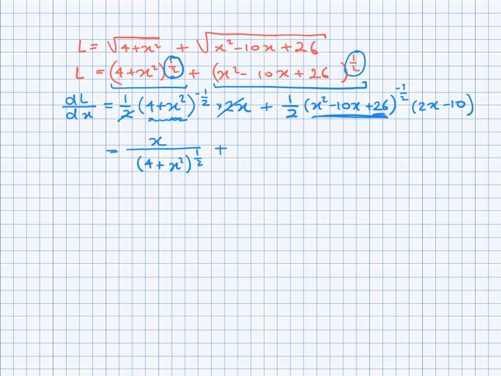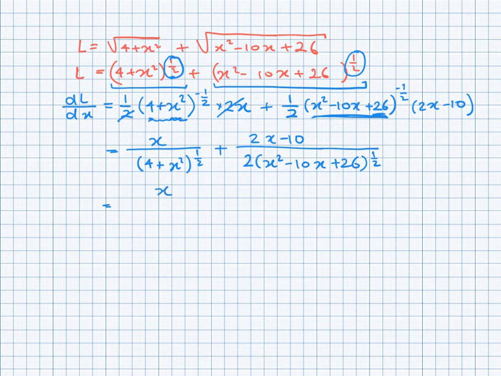And then plus, we still have here 2x take away 10 over 2 times, and similar to what we did before, this part here, because it has negative power, we're going to move into the denominator and it's going to change the power to positive. So that will be x to the power of 2 take away 10x plus 26, and everything to the power of half.